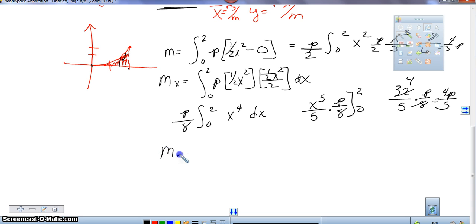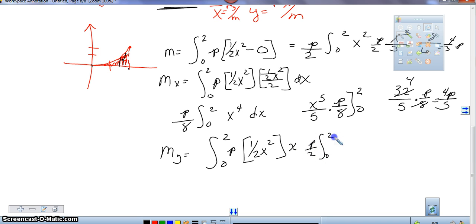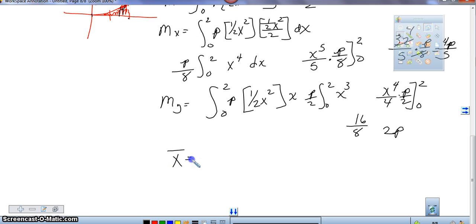And then you do your moment about the y, which is going to be your density times your area times the distance from the y-axis to that rectangle you drew, which was x. So this one I would integrate rho over 2 from 0 to 2 of x cubed, which would give me x to the fourth over 4 times rho over 2 from 0 to 2, which is going to give me 16 over 8, or just 2 rho. And then to get your actual center of mass for the x, you would take 2 rho divided by the mass, which now I've already forgotten.